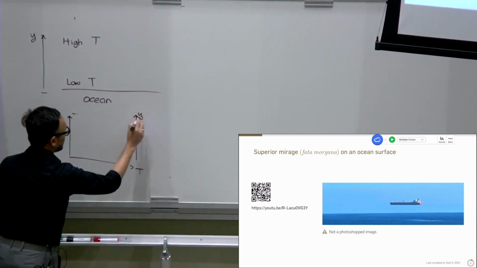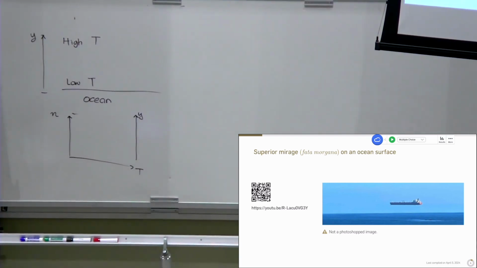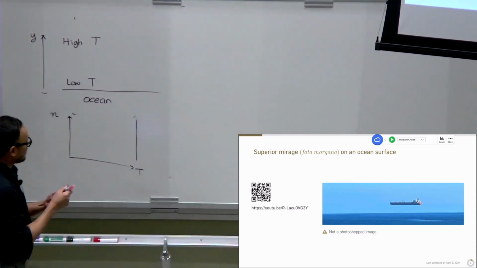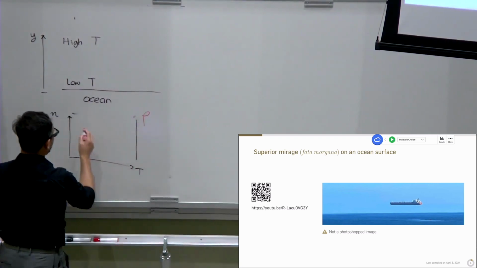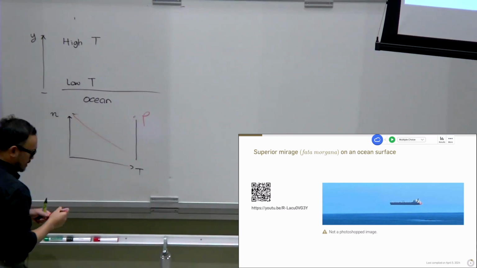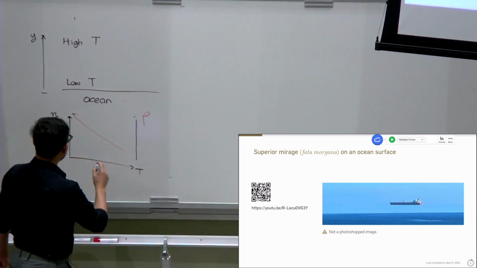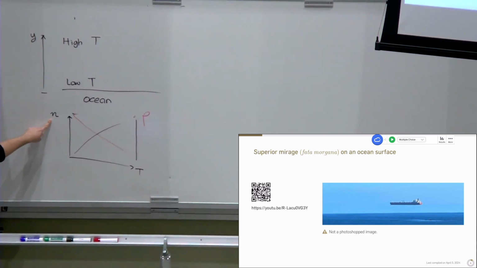Someday you will see this kind of plot with two y-axes. The density decreases as the temperature increases. So rho, density, decreases as the temperature increases. Because the density decreases, the refractive index also increases. This is not the exact curve.